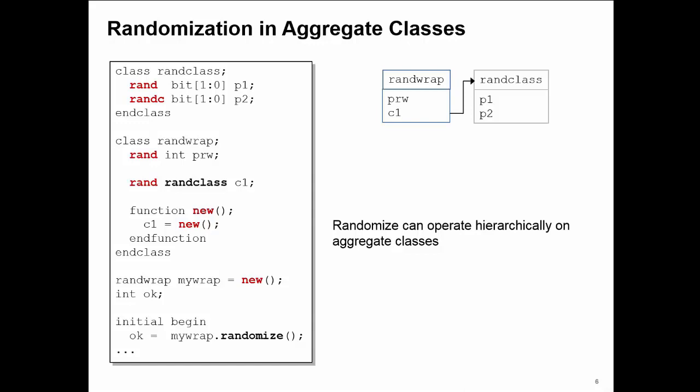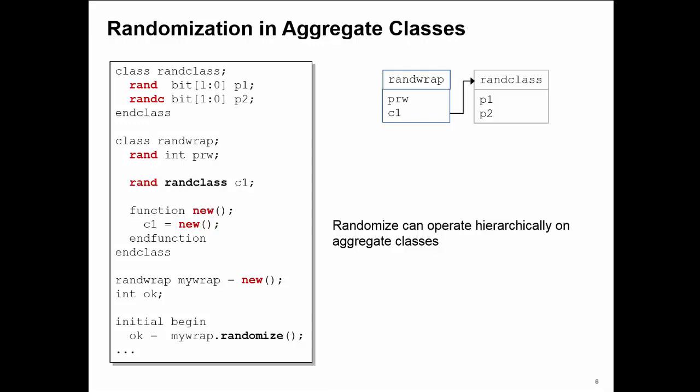A quick word about randomization with aggregate classes. So here we have an example of an aggregate class, randwrap. It has a local rand property, PRW, and it also has a property C1, which is an instance of the rand class. And the rand class contains our 2 random properties, P1 and P2.